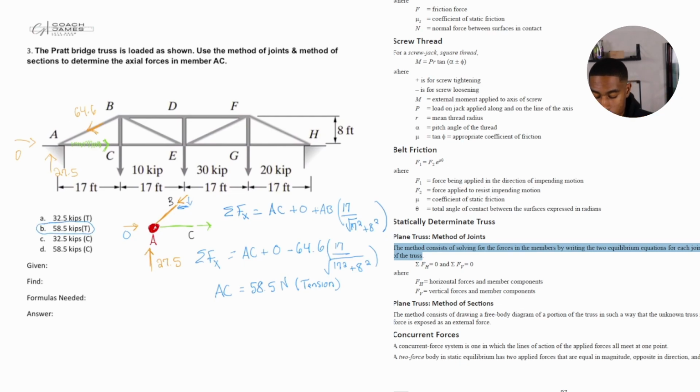So signage is very important for this. You have to make sure you're drawing things out correctly.